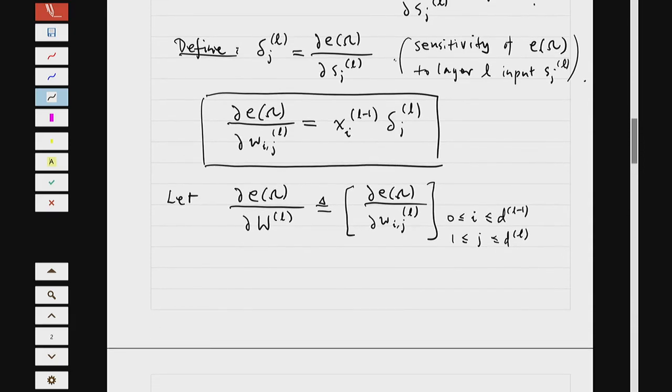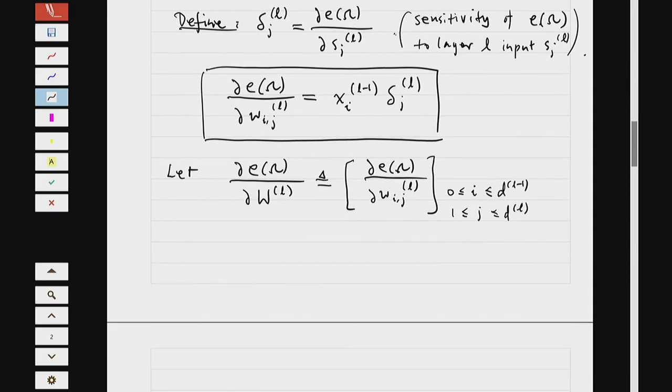And then we further define this xl minus 1 vector as x0 l minus 1, that would be the bias term, and then x1 l minus 1 down to x dl minus 1. They're all together dl minus 1 neurons from the previous layer.